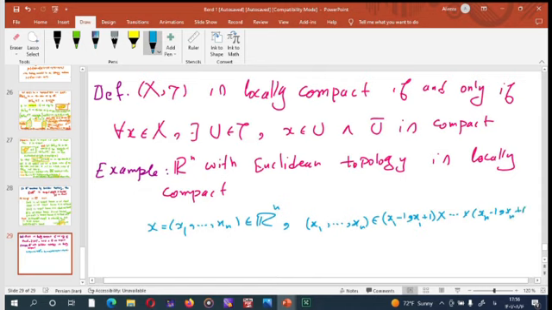Okay, this, or U, is an open set. Okay, x belongs to U, and we know that U bar equals this compact subset of Rn by the Heine-Borel theorem.